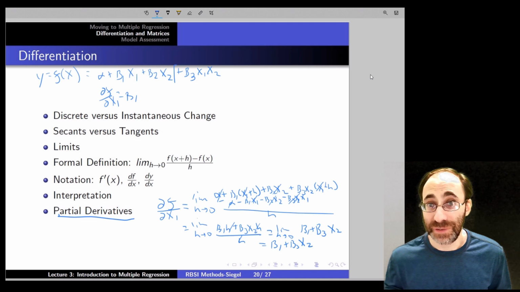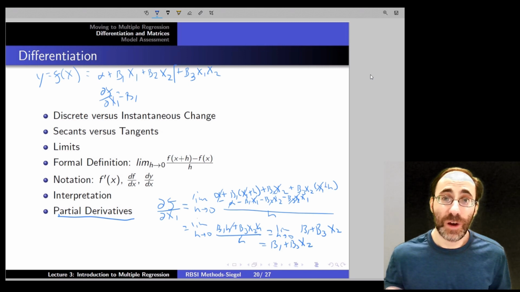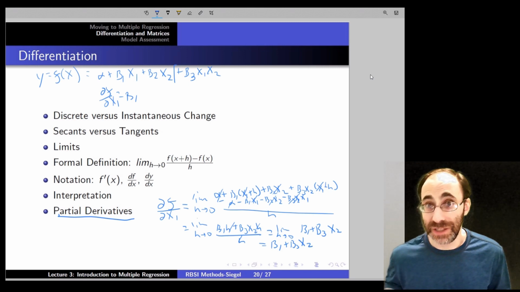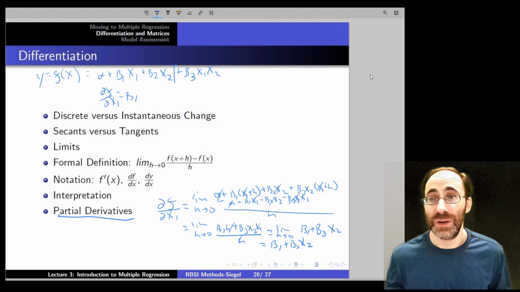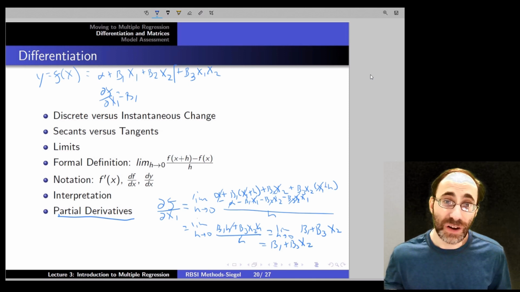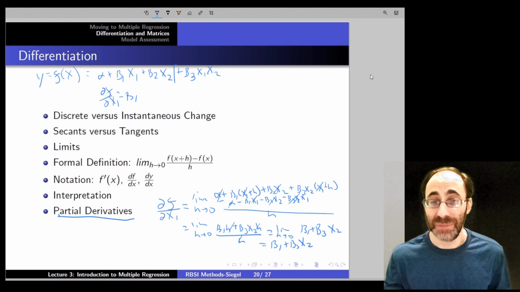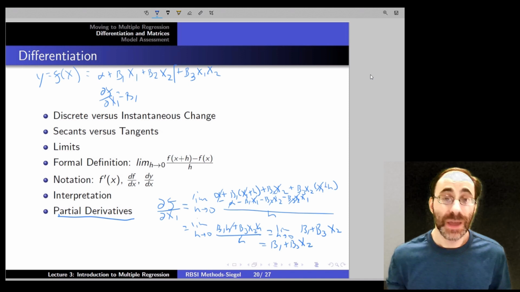This is exactly where it comes from, and knowing that can help you interpret more complex models like ones with interaction terms or squared terms, or even more complex things. They all follow from this same rule and the same definition of a partial derivative.